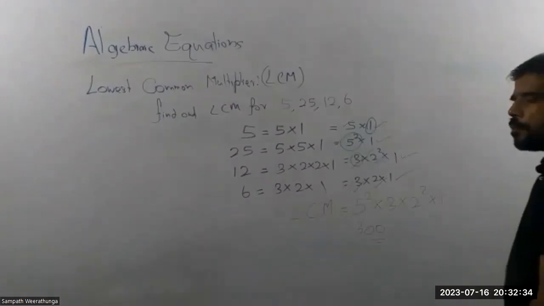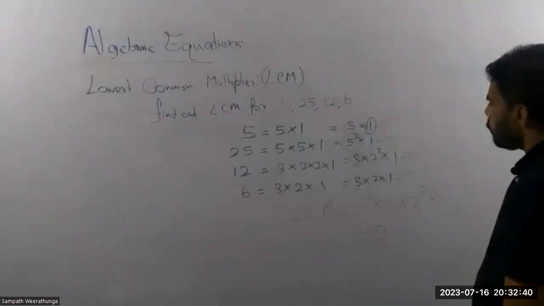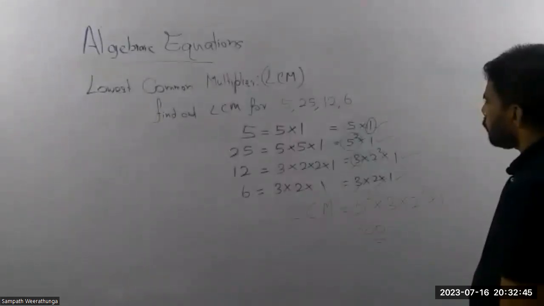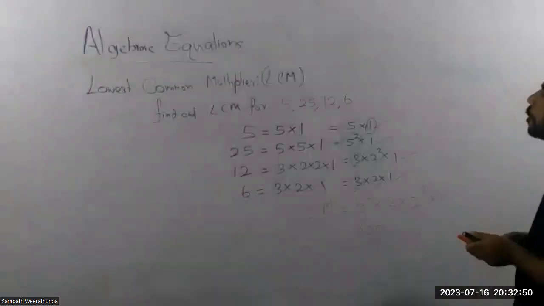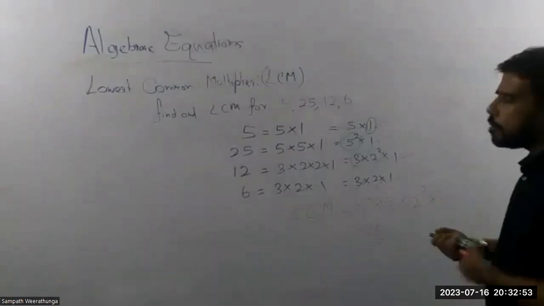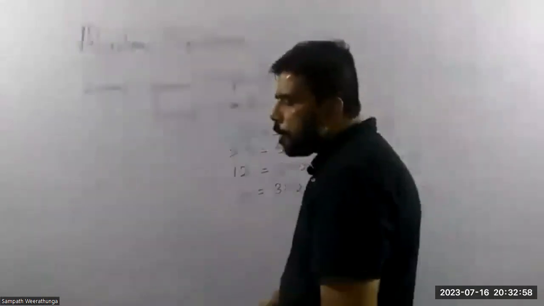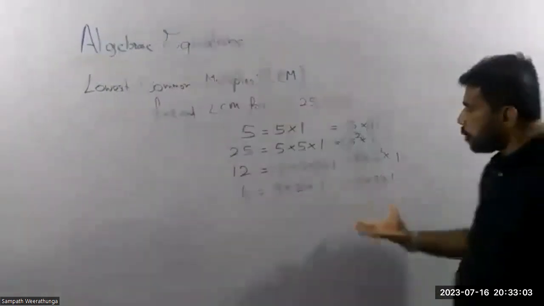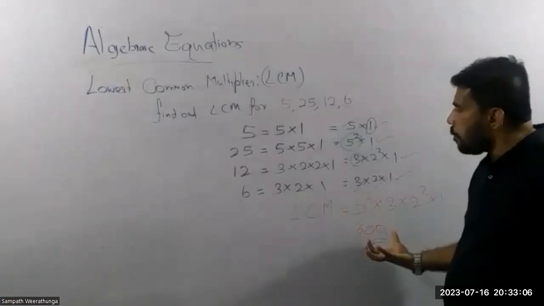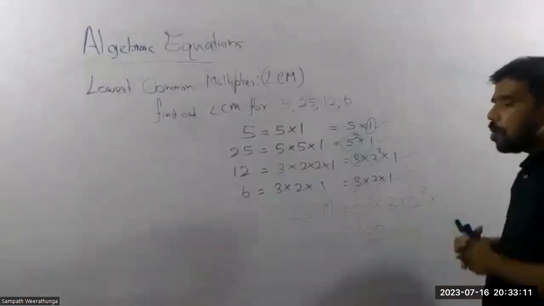Why? Because if I take 150, I cannot divide it by 12. Yes, 300 is the number that can be divided by all the given numbers, and it's known as the lowest common multiple. 300 is the lowest common multiple.